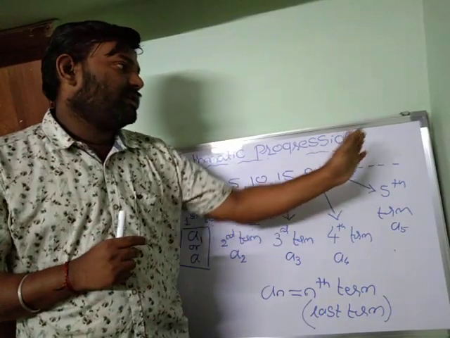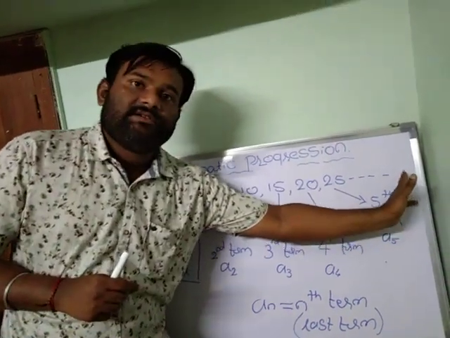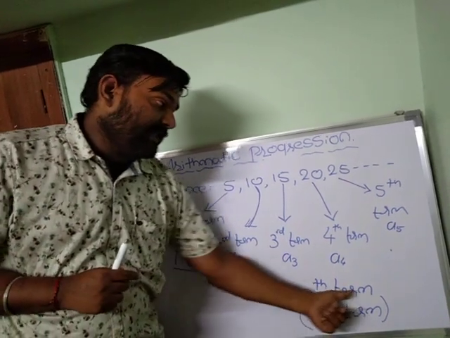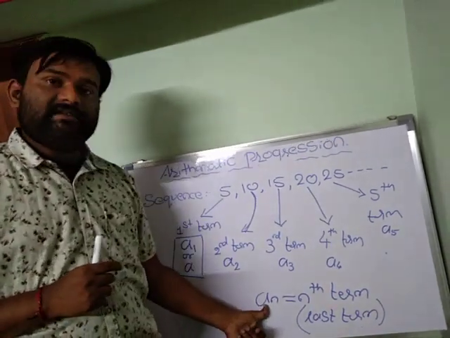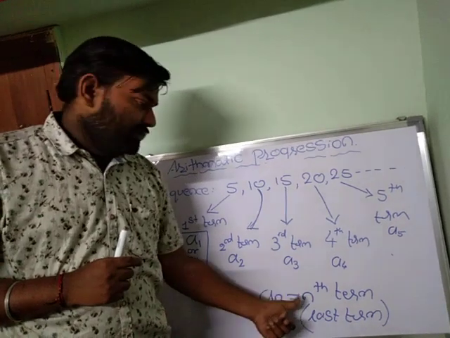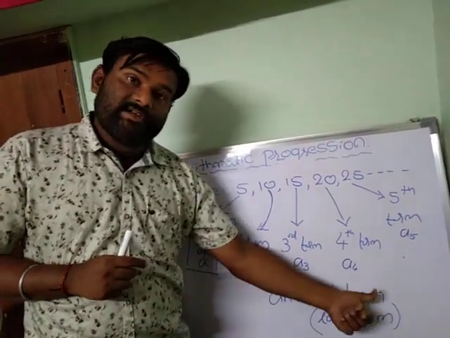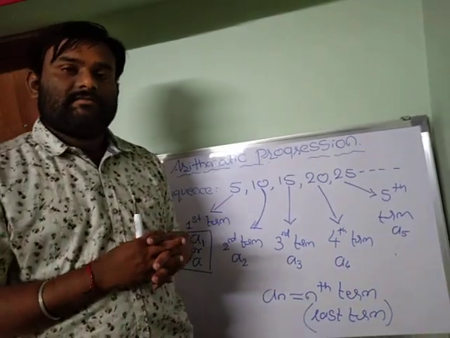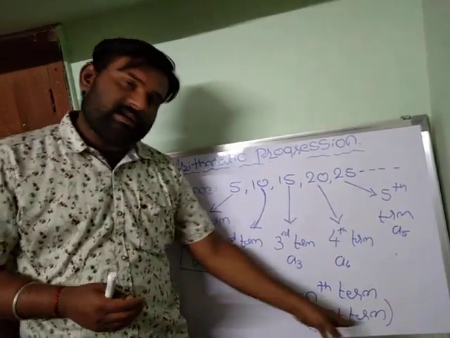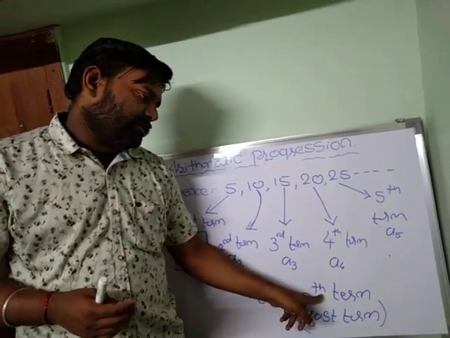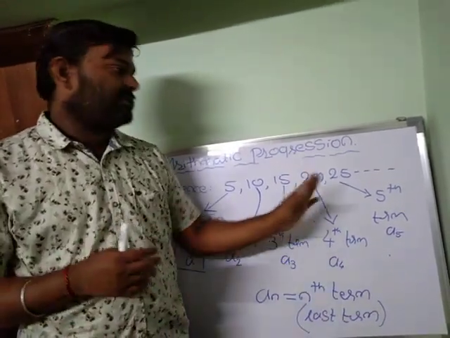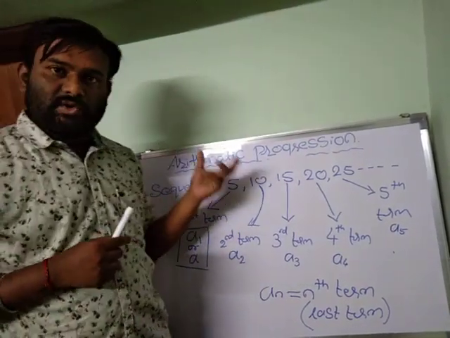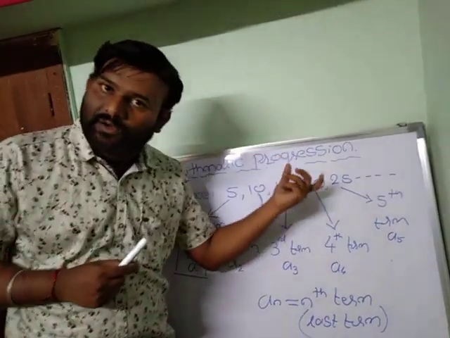The one which comes at the last is called the nth term, denoted by AN. You can call it the last term, but mostly we use the term nth term. So the nth term is the last term of a sequence which follows a definite law.